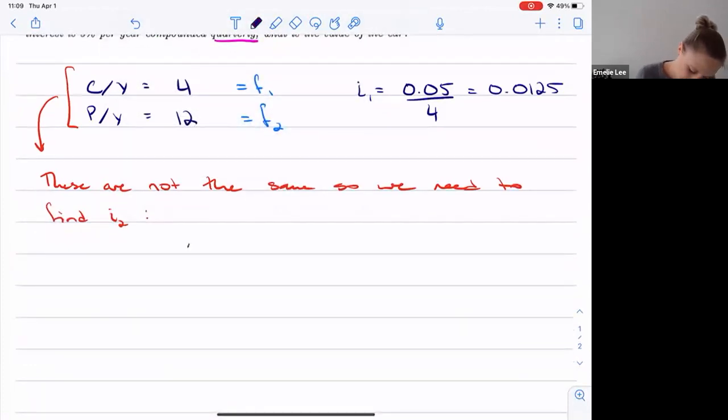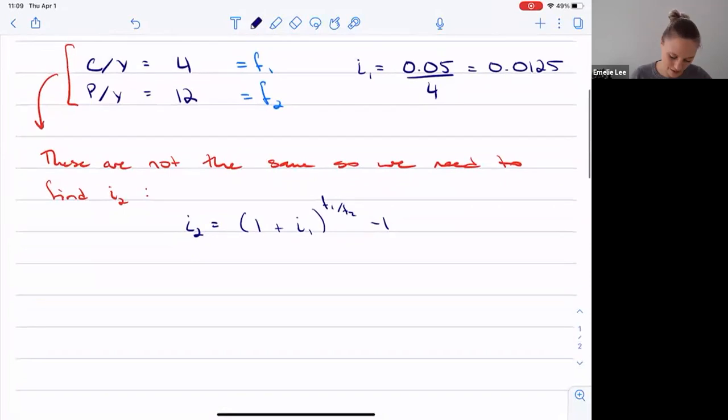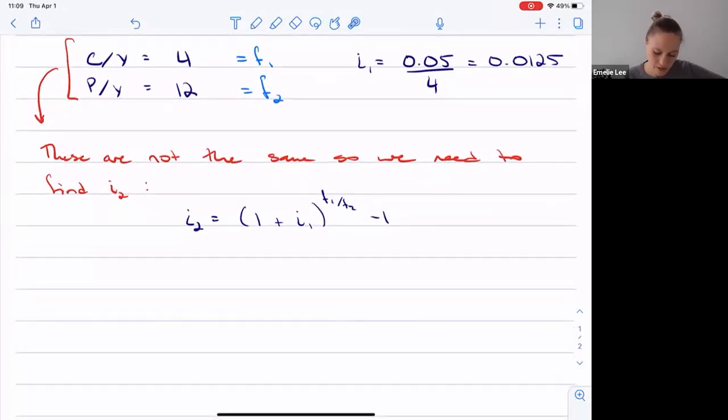I2 is going to be the I that we use in our calculations. Now we have 1 plus I1 to the power of F1 over F2 and then minus 1. Plugging in our values here. And sometimes I'll get lazy and just calculate I1 inside here. That's fine, you can do that.